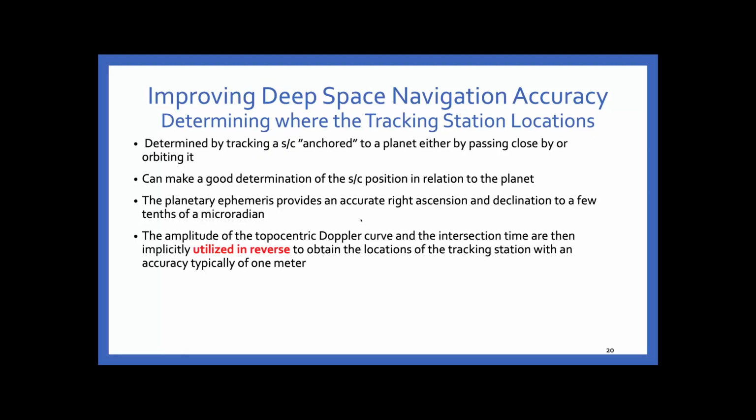And these datums are all over the world. So we know where the Goldstone stations are on this North American datum. Down in Canberra, we know where the station is on some Australian datum, and likewise in Madrid. But we don't know where these datums are relative to the center of the Earth. And that's the limiting factor there.